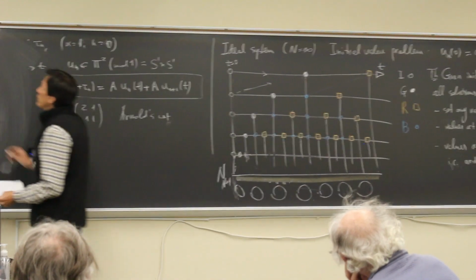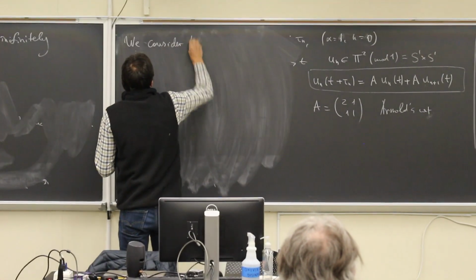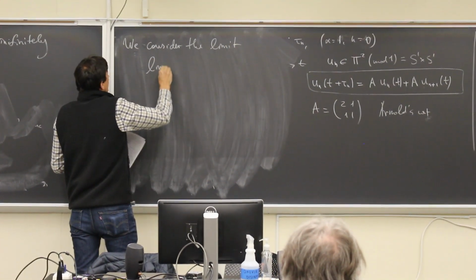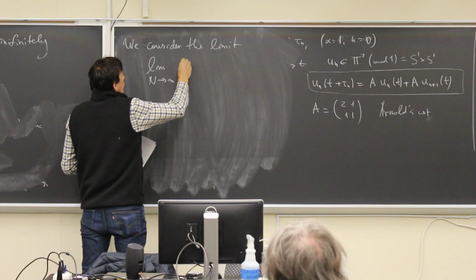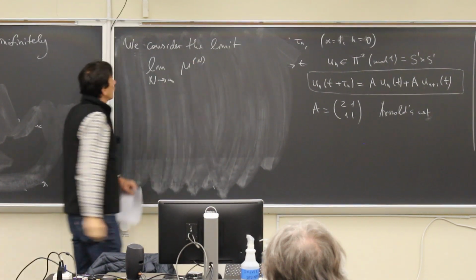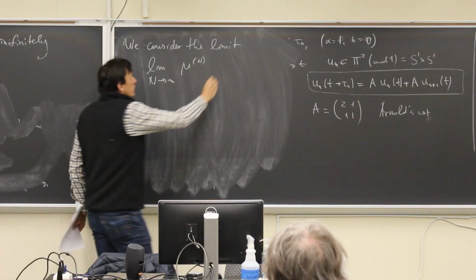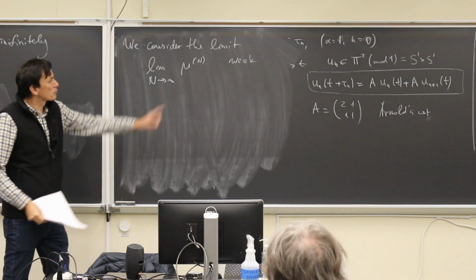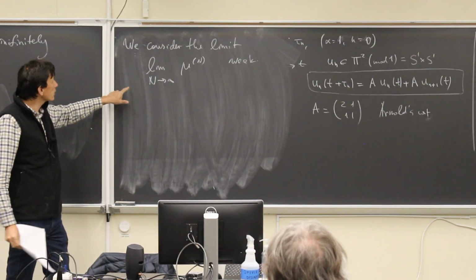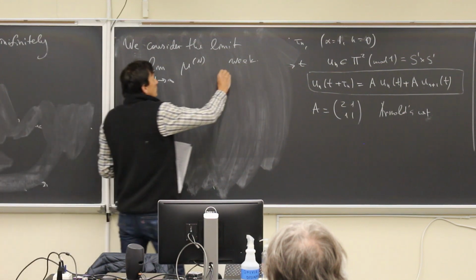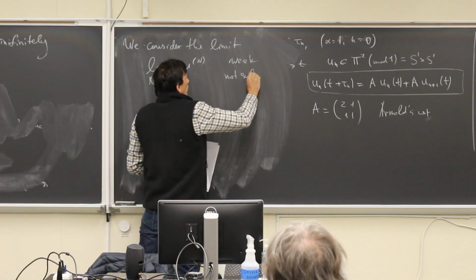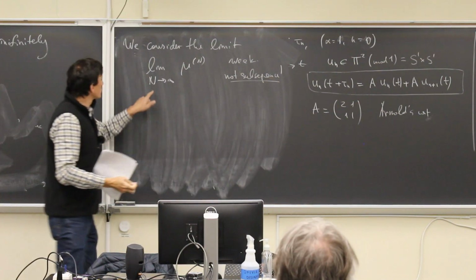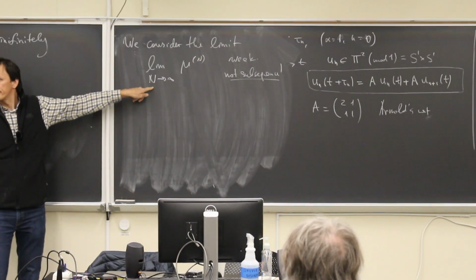So we consider the limit as n goes to infinity of that measure. This will be a weak limit in the product topology, and it's not along a subsequence. So it's kind of an honest limit.